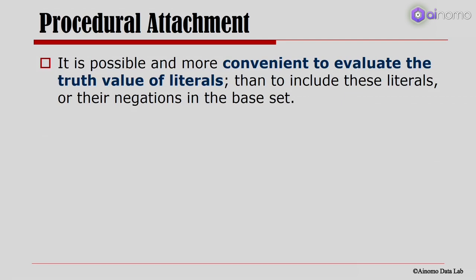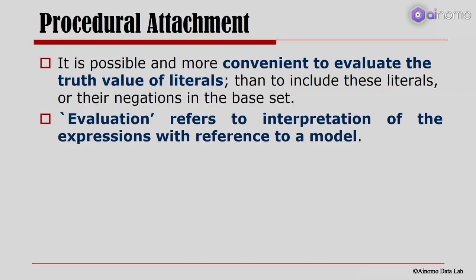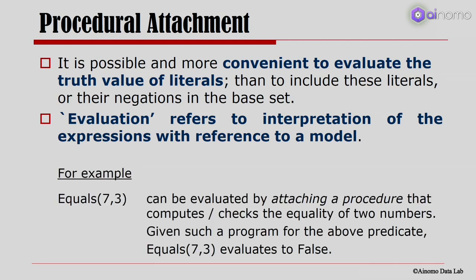Procedural attachment is another possibility, in fact a more convenient one, where the idea is to evaluate the truth value of literals rather than to include these literals or their negations in the base set. Here, evaluation refers to interpretation of the expression with reference to a model. For example, I could have an expression saying equals 7, 3.